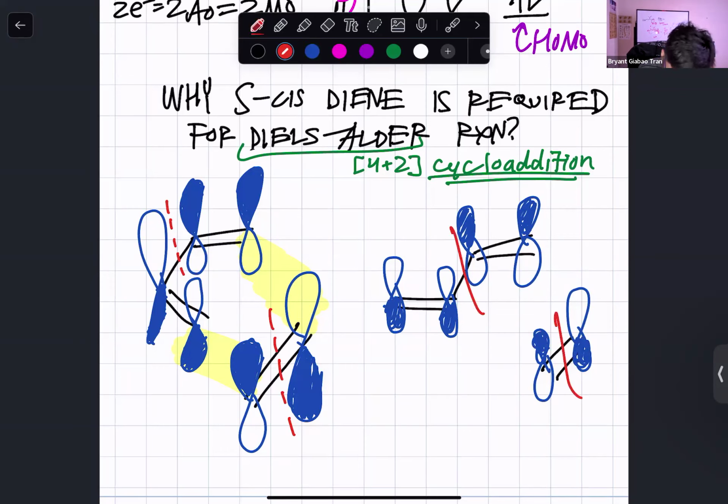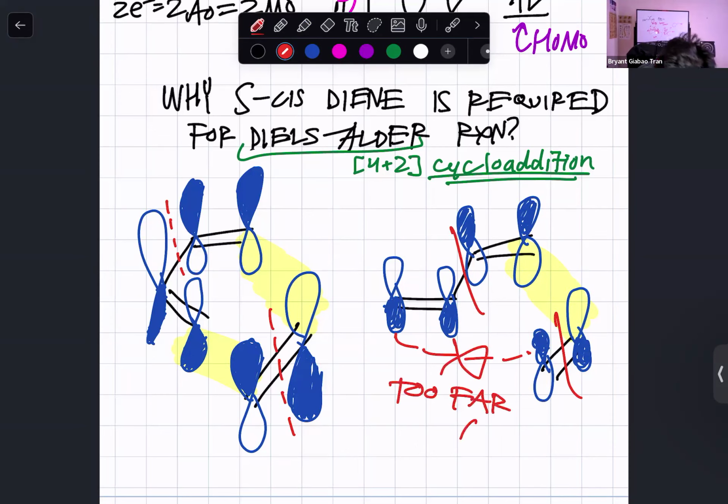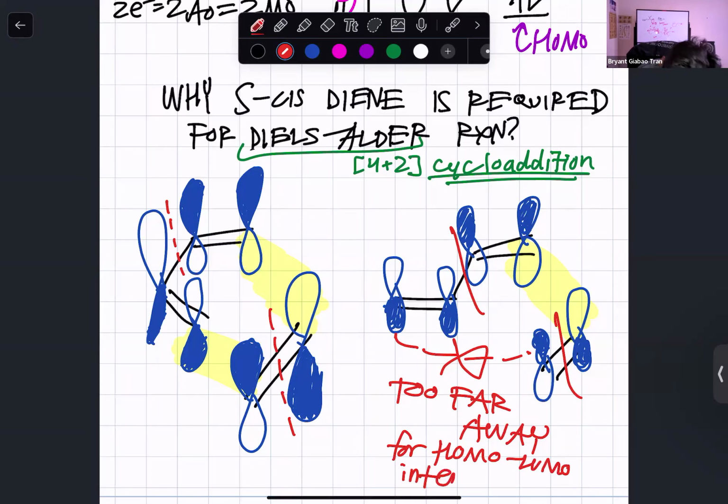We see that these two lobes here do have a direct overlap, but this right here is too far away for the HOMO-LUMO interaction. Right, so no reaction. That's why for Diels-Alder, we need the S-cis diene in order for the HOMO-LUMO to overlap and interact with each other.